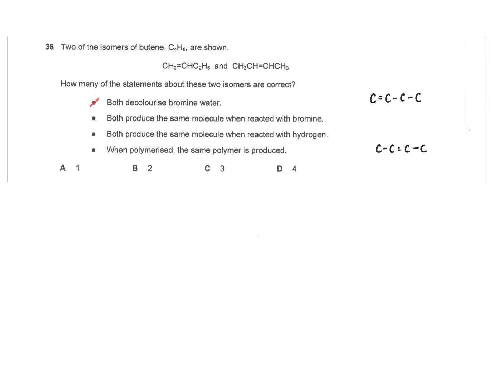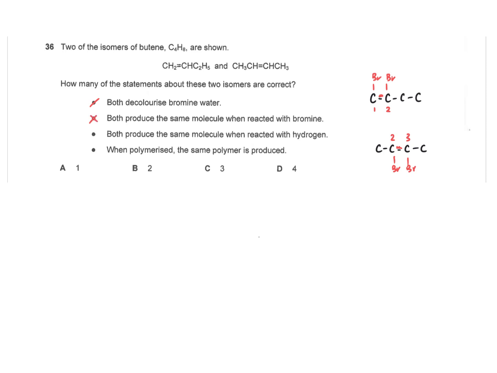So your bromine will be added across these 2 carbons for the first isomer and these for the second isomer. From the product that we see, we can tell that they are different because the bromines are on carbons 1 and 2 for the first isomer and carbons 2 and 3 for the second isomer. So they are going to be different.